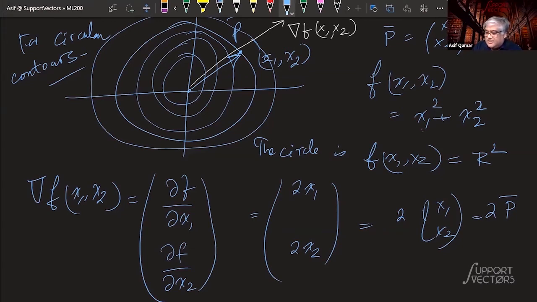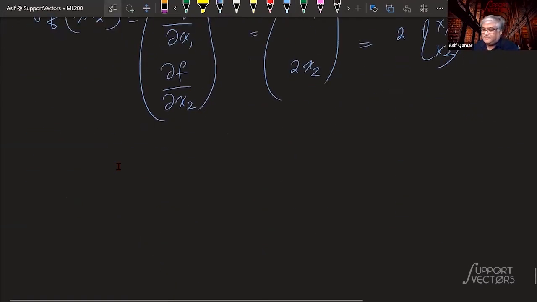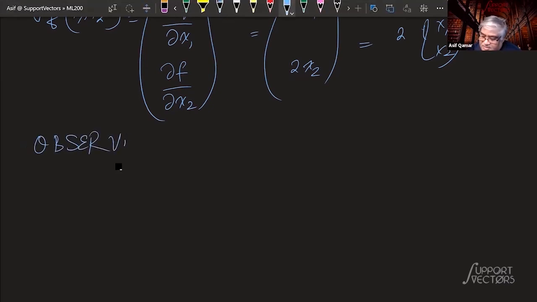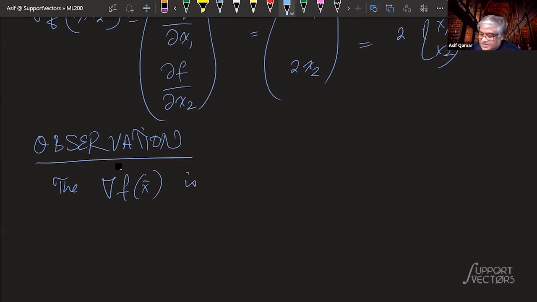So we notice the fact, let me write it down. Observation: the grad f of the x vector is perpendicular to the constant curves.